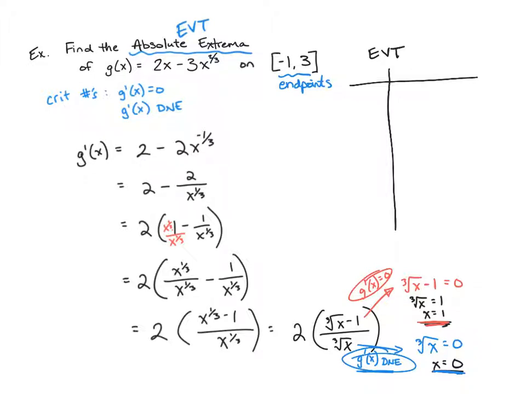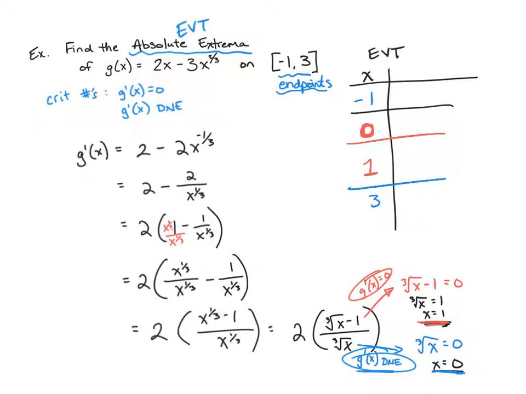When I make an EVT table, I include the endpoints. So I'll do my endpoints in blue here, -1 and 3. And I include my critical points, which were when x equals 0 and when x equals 1.